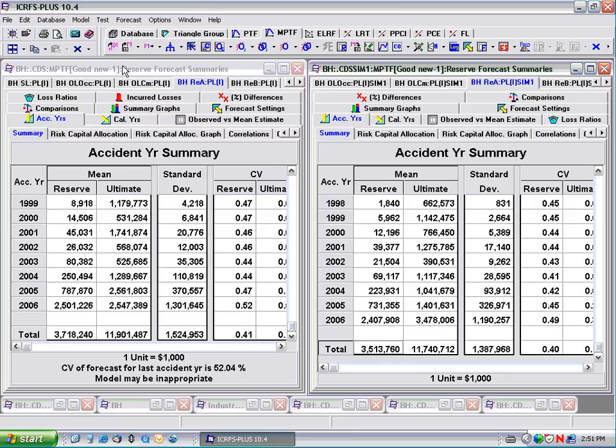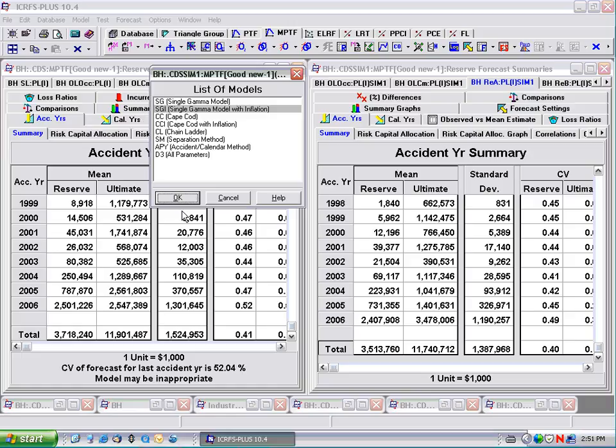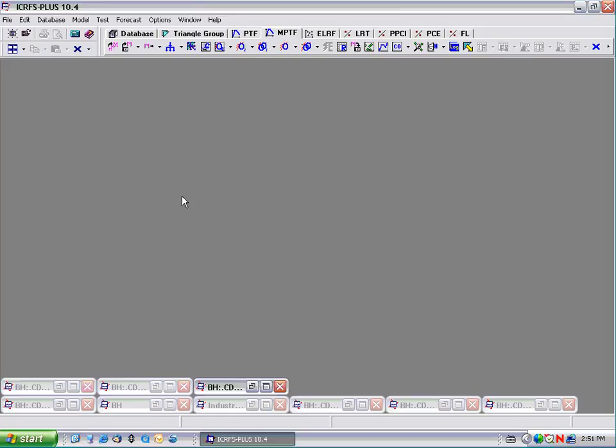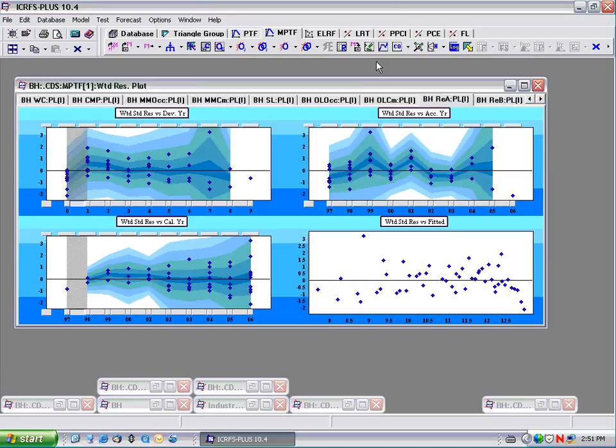What if we now just run, for each triangle, for each composite data set, for each line of business, the starting model, which is called single gamma model with inflation. In other words, one parameter in each direction. And we do the same thing for the other. And now we just look at the residual structures and see if they are similar.